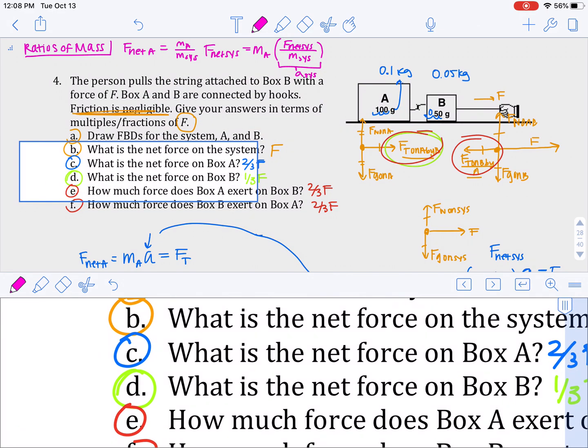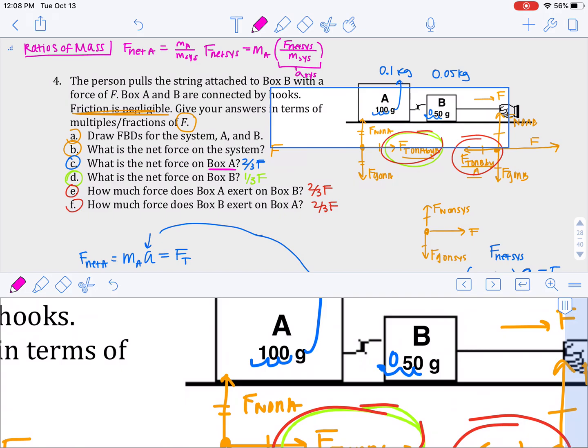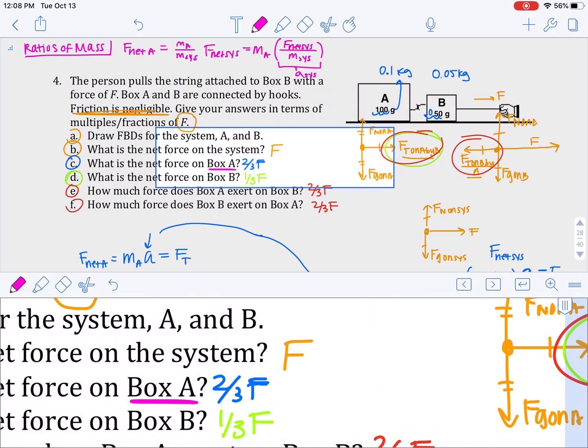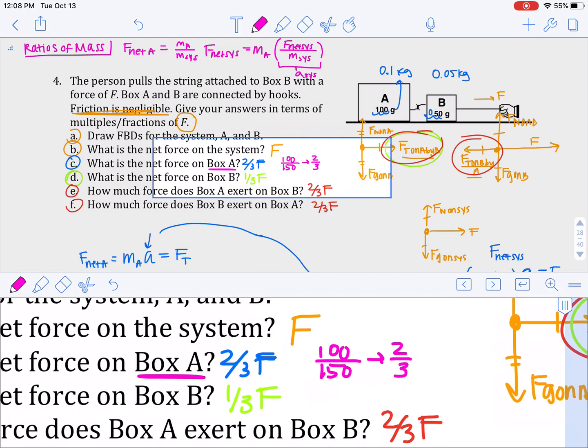And our net force on box A, mass of A divided by the total mass, that's 2/3, right? 100 grams divided by 150 grams, or 0.1 kilograms divided by 0.15 kilograms. That is 2/3.